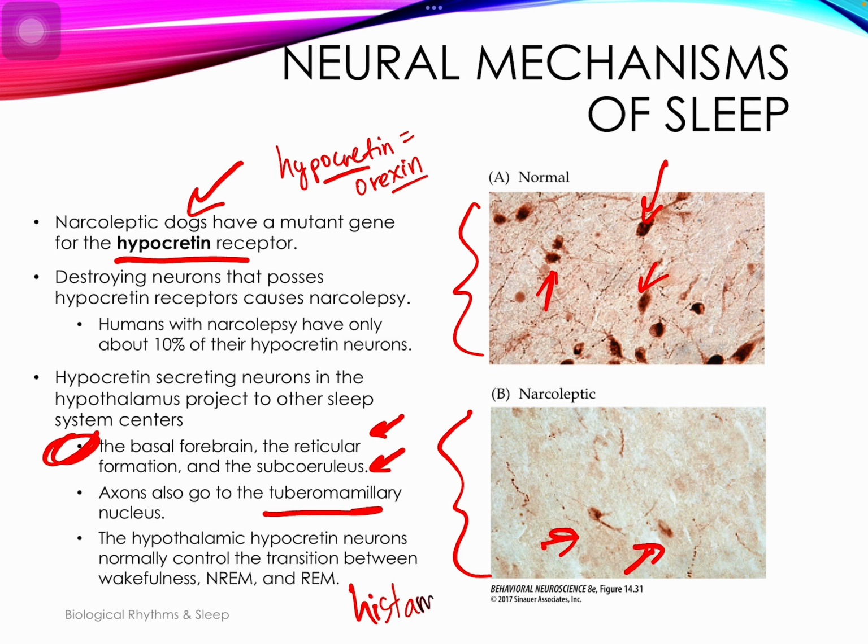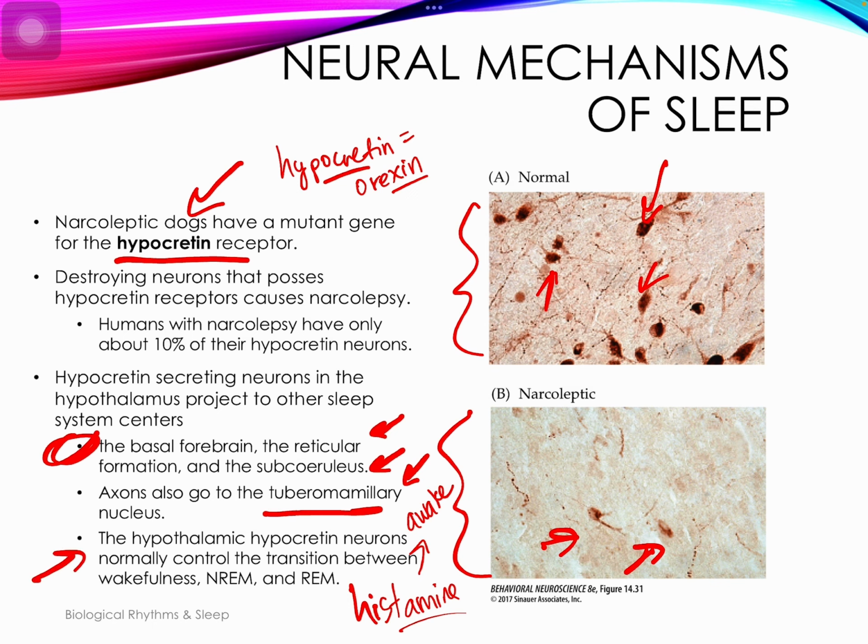And if you guys remember, histamine is important for keeping us alert and awake. If you take an antihistamine, it usually makes people drowsy. So histamine is really important to help us remain awake and alert. And so, being able to have projections to and from the awake centers allows us to transition back and forth between sleep and wakefulness.